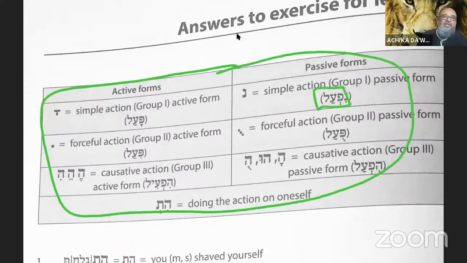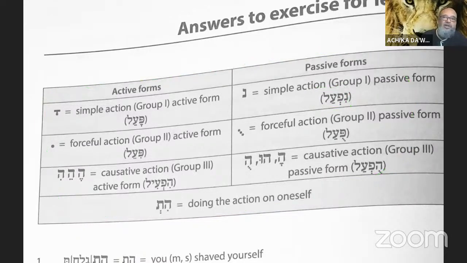Okay. So then the next question would be, before we go on, I want in the class on this because I don't want to give you too much, what does the basic form Pa'al mean? Well, let's look it up. Okay. So what letters would I be looking for?